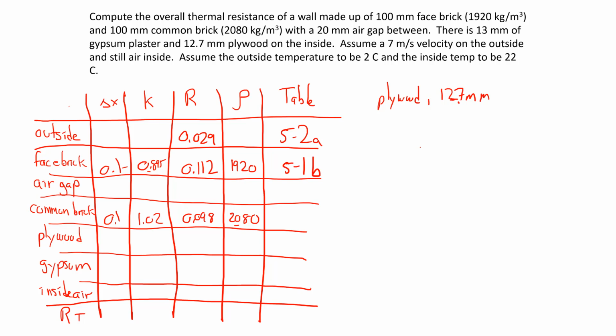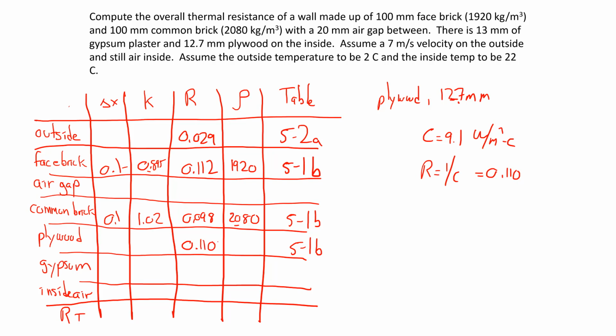If you look on page 125 towards the bottom, and again, this is all table 5.1b, the start of 5.1b, you would have this as 1, 2, 3, 4, 5, 6, the seventh entry, plywood, Douglas fir plywood, gives you a conductance of 9.1 watts per meter squared Celsius. And the resistance is simply 1 over that. So I come back, get my resistance here, 0.110.